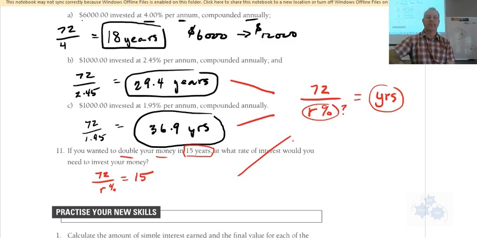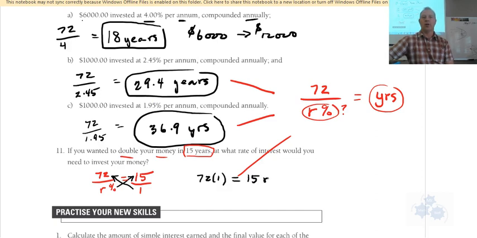But you put 15 over 1 and then cross multiply. Okay, that's more like it. You can do 15 over 1 and cross multiply and divide. You can't just multiply the numbers you see, but you can cross multiply, which will give us 72 times 1 equals 15R.